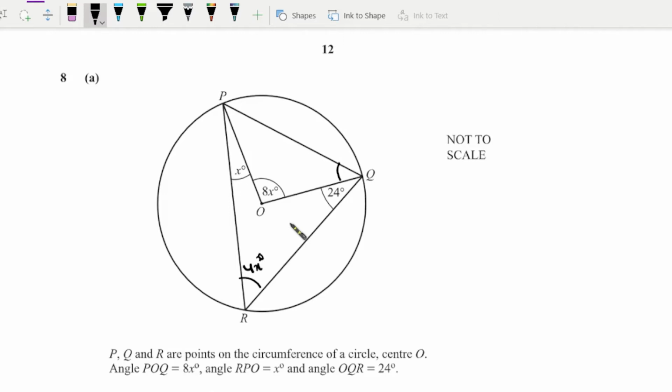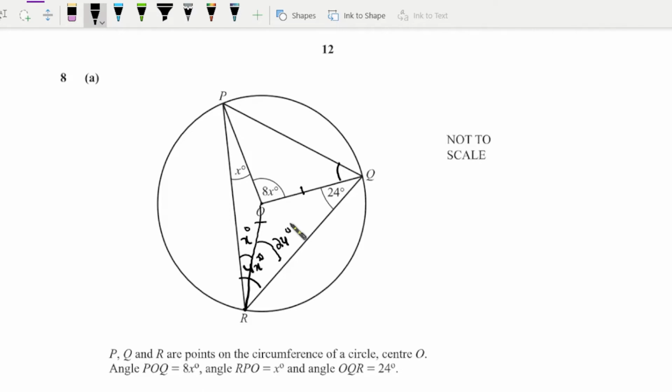Okay, another thing, if we draw another radius here, this angle is equal to x degrees, and this one angle is equal to 24 degrees. Why? Because this is an isosceles triangle, because this is a radius of the circle and this is also a radius of the circle.